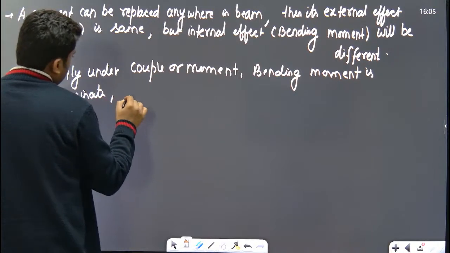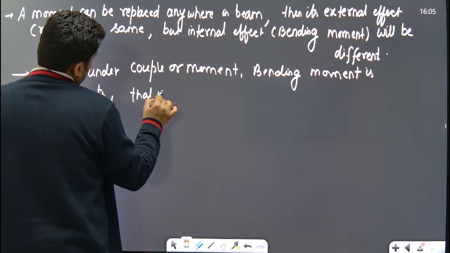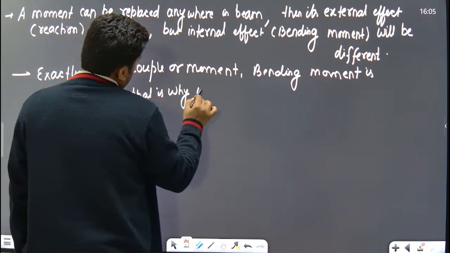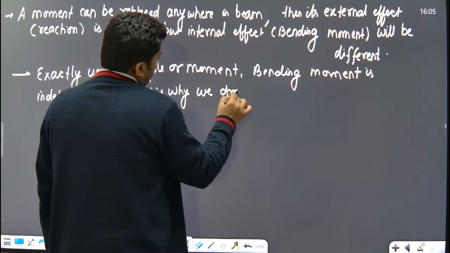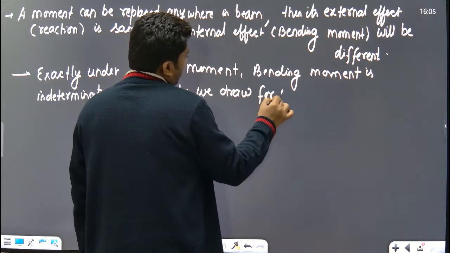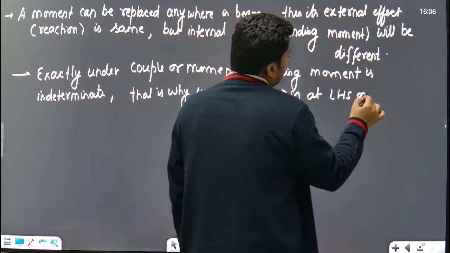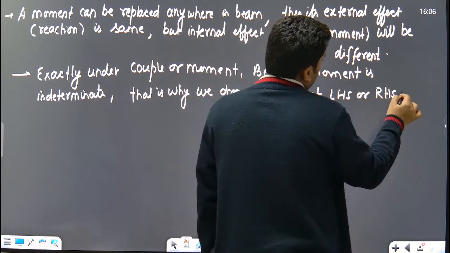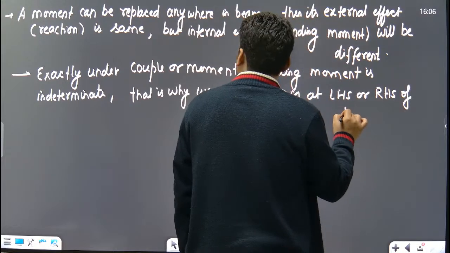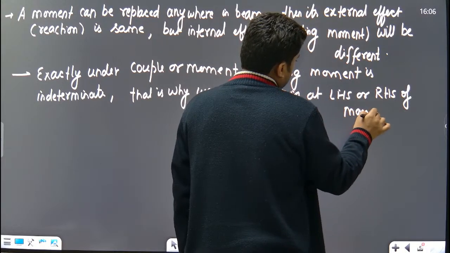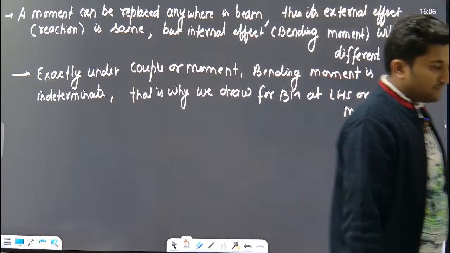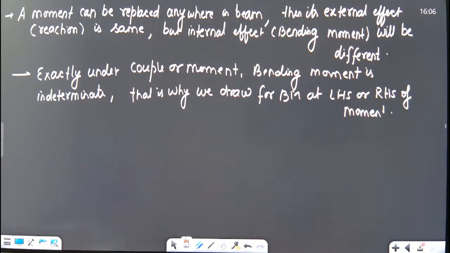That is why we draw ILD for bending moment at LHS or RHS of couple or moment. Clear everyone? Have you understood the concept?